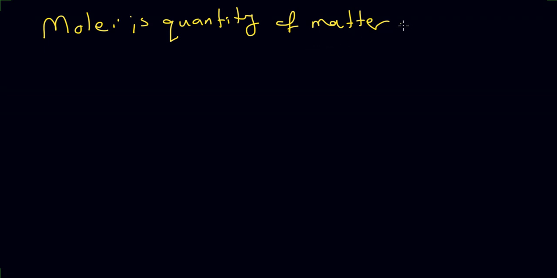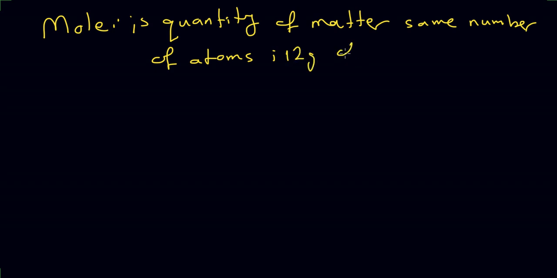It is equal to the same number of atoms in 12 gram of carbon. Which type of carbon? Because we have more than one type of carbon: carbon 12, carbon 13, carbon 14.